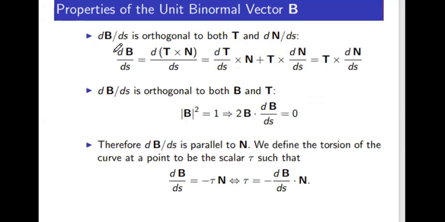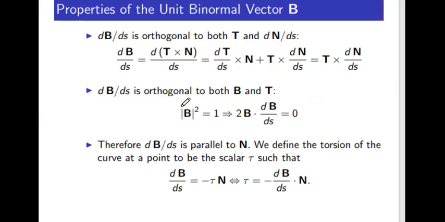So that means dB by ds is perpendicular to T. And this one is also perpendicular to B. Why?